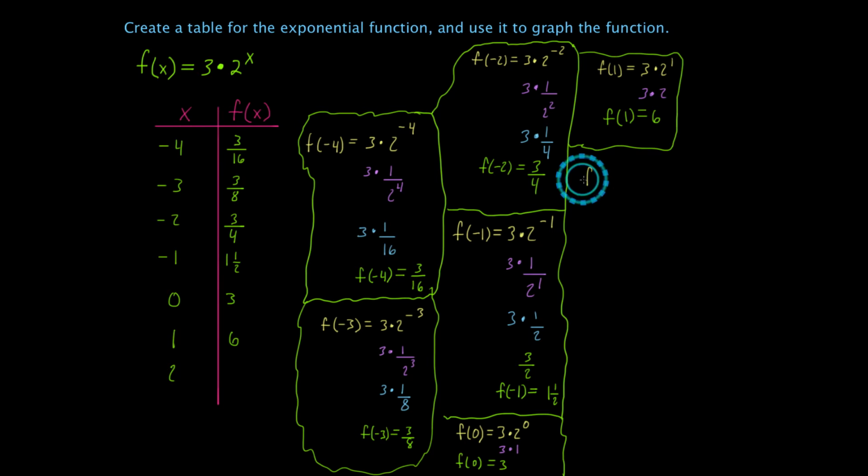All right, so finally f of 2. F of 2 is equal to 3 times 2 to the second power. 2 to the second power is 4, and 3 times 4 is 12. So f of 2 is equal to 12.